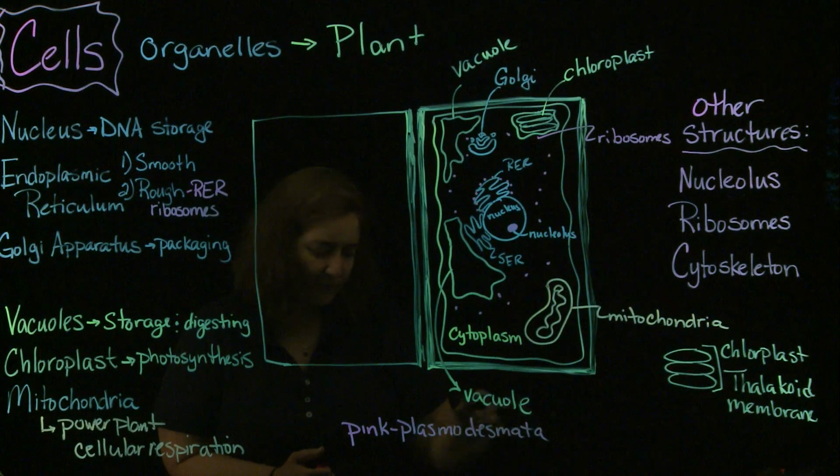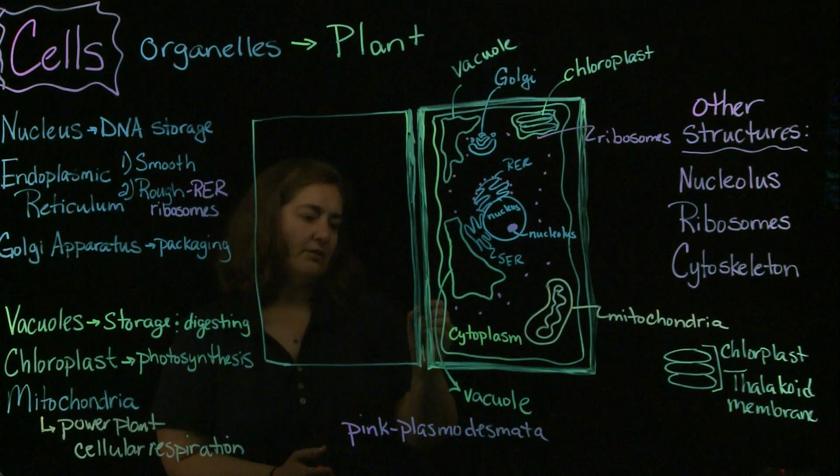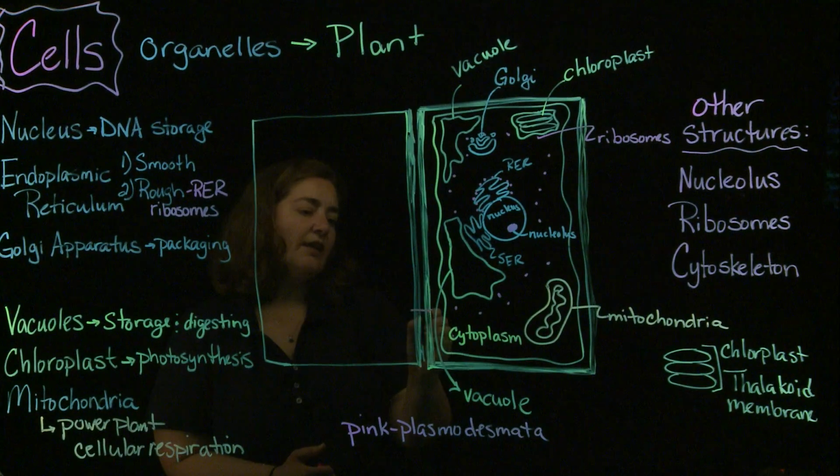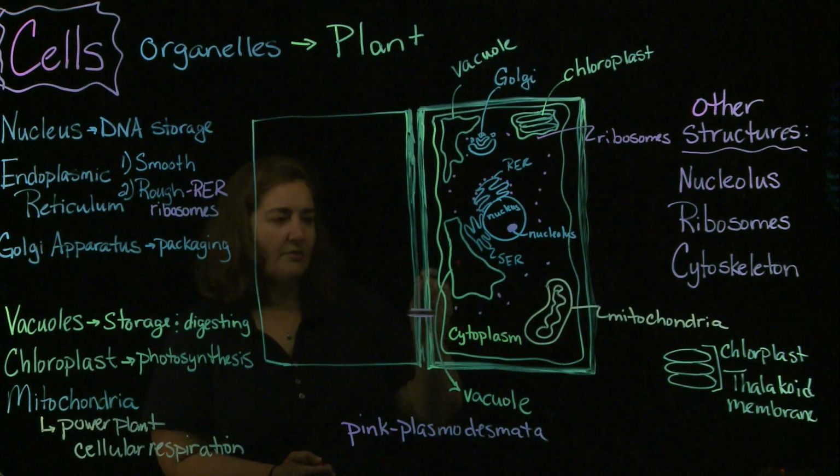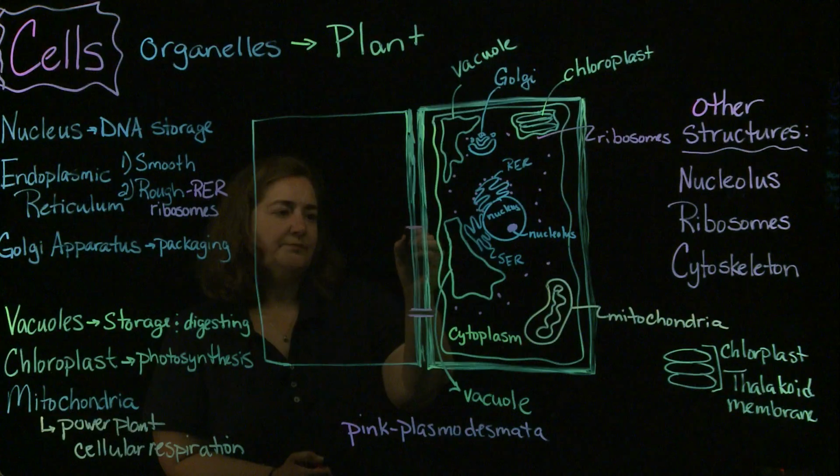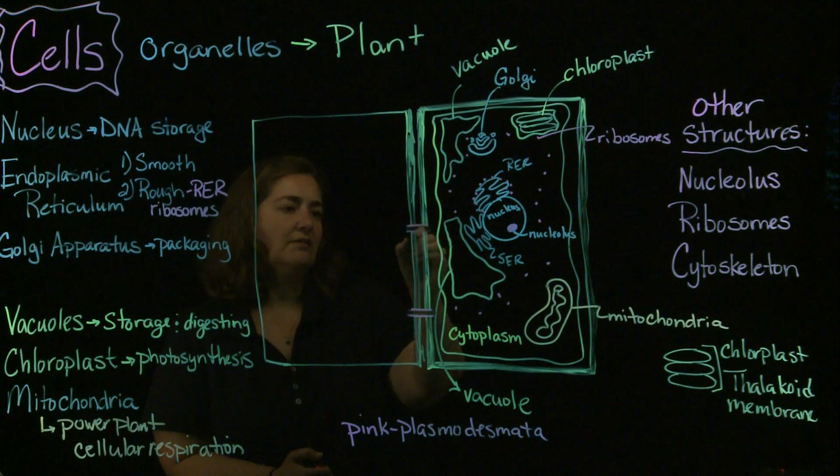I don't know why I wrote pink. I didn't really need to. All right. But essentially what you're going to have are some plasmodesmata. And those are going to be narrow channels. Oh, that's terrible. Look at how that's smearing. That's okay. We'll just draw that in again.